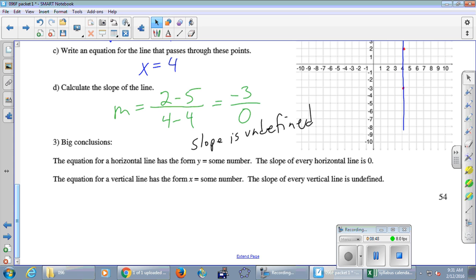If you tried to use y equals mx plus b for this vertical line problem, what do I change the slope into? This m. What's it going to become? It's undefined. This equation is only good if I can plug a number in for m. So y equals mx plus b just flat out doesn't work if you have a vertical line. There's no way to use y equals mx plus b for vertical lines.